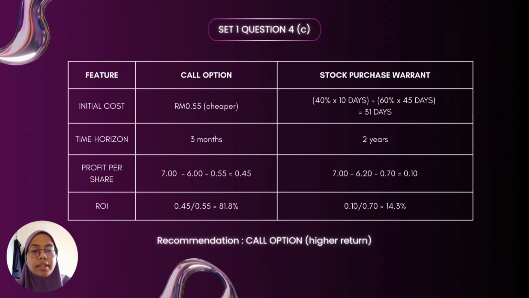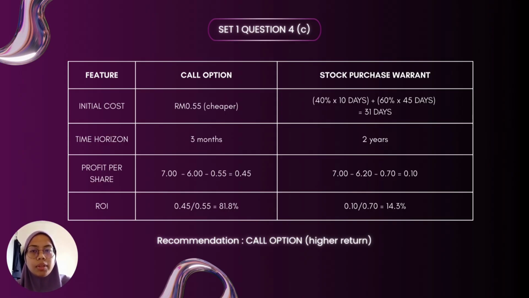And for the time horizon, the call option has a shorter period, which is 3 months, but the stock purchase warrant has a longer maturity, which is 2 years. The profit per share for the call option is 45 cent, then for the stock purchase warrant, only 10 cent, and the ROI for the call option is 81.8% and for the stock purchase warrant is 14.3%.